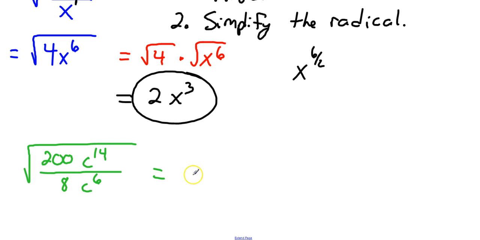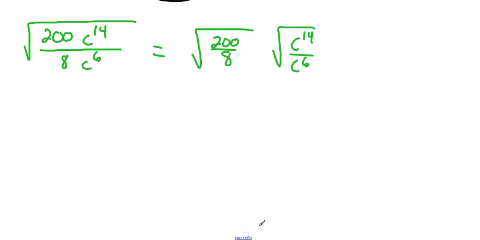If you check it, it actually does go evenly there. Take 200 divided by 8. That should go 25 times. And then if you've got c to the 14th divided by c to the 6th, again, basically you're just subtracting the exponents there. So that would be c to the 8th power.